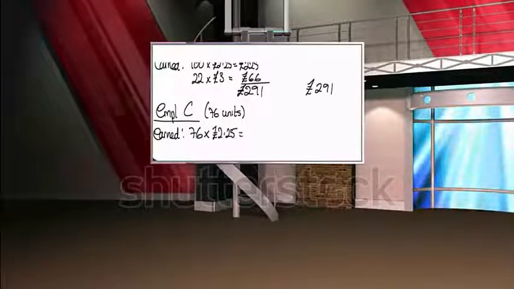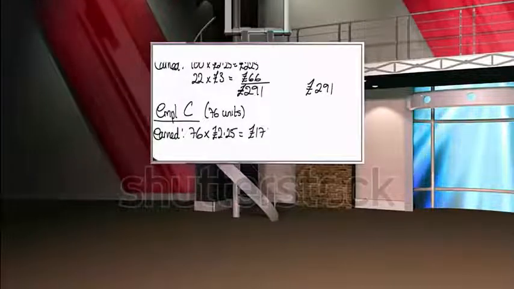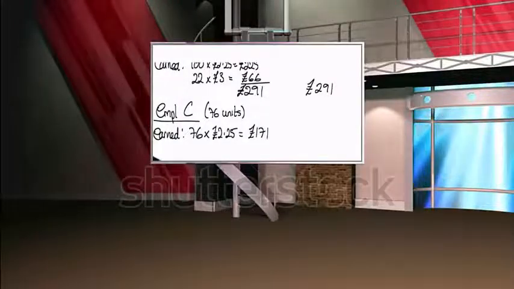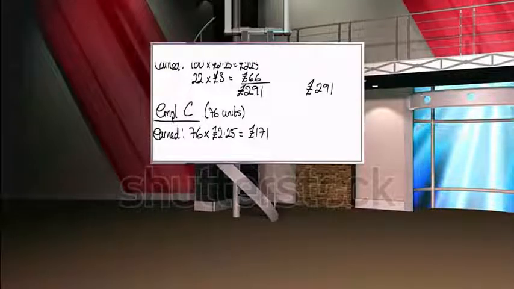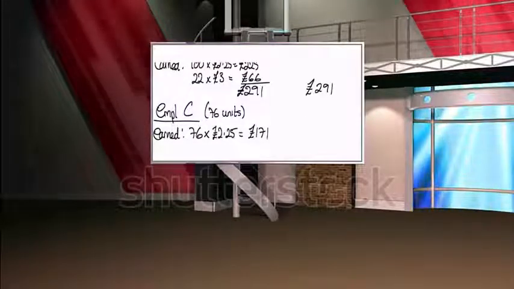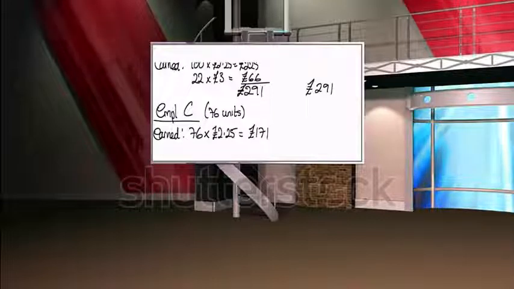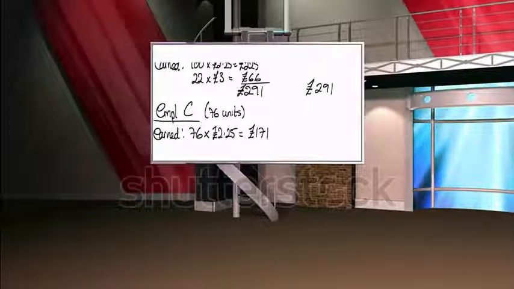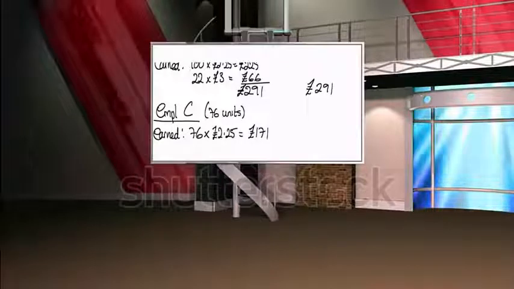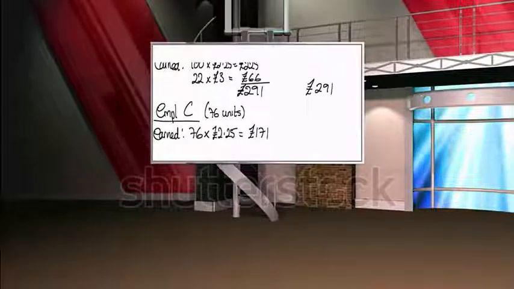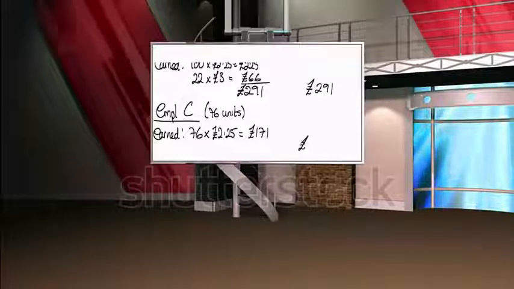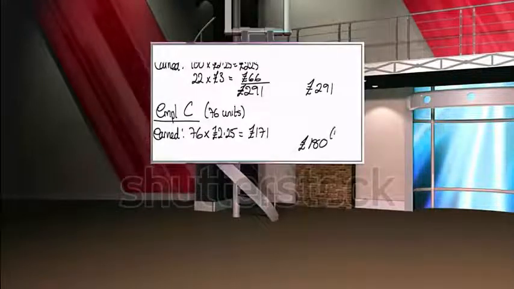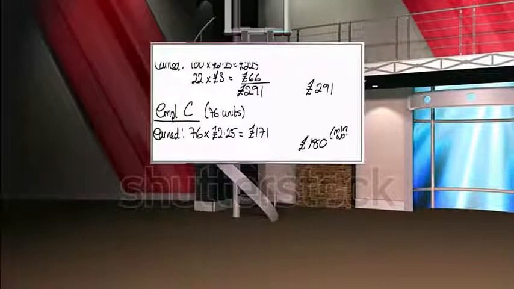So 76 by $2.25 gives us 171. Are we going to pay them £171? No. We've been told in the question that the minimum wage is 180. So we will always pay them at least that. So we're going to pay this individual £180, the minimum wage.